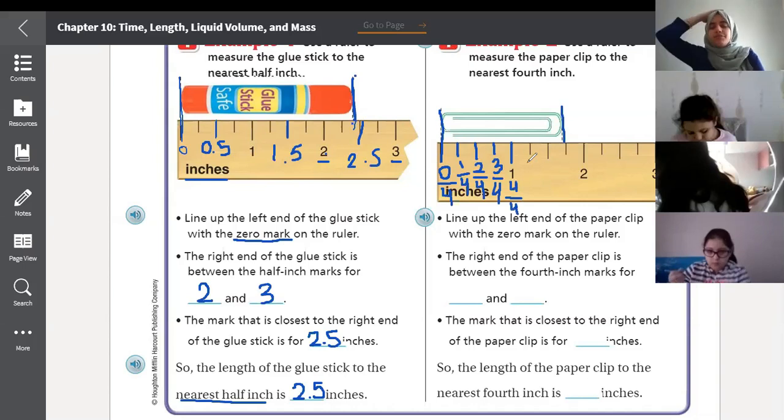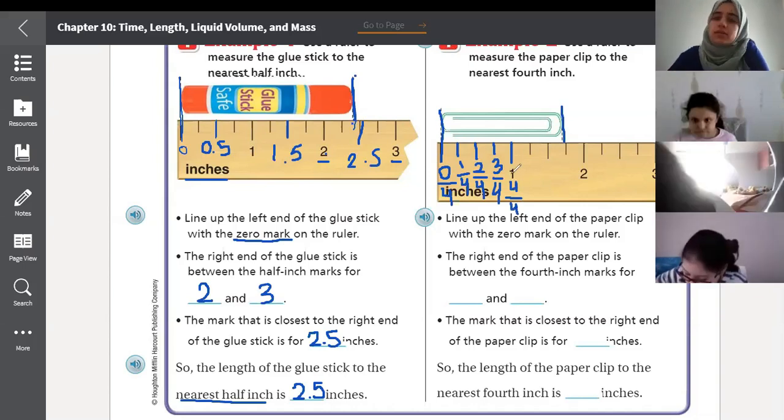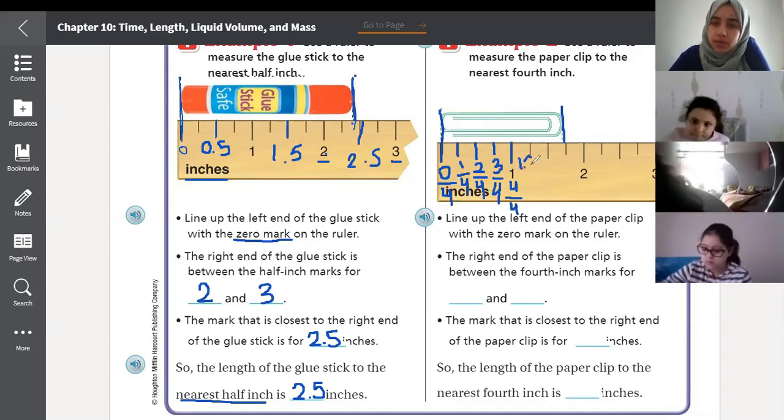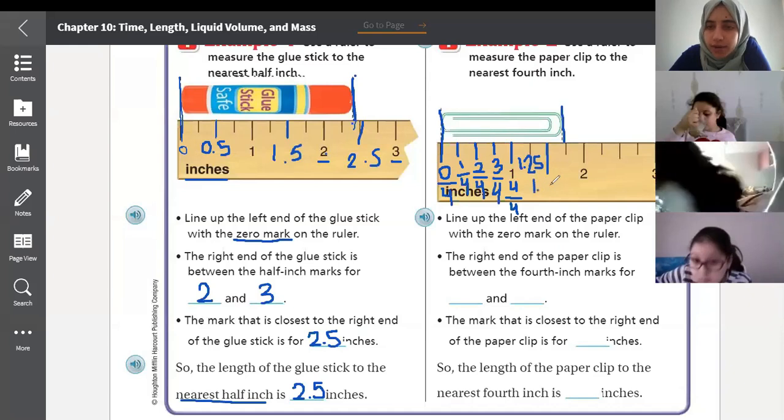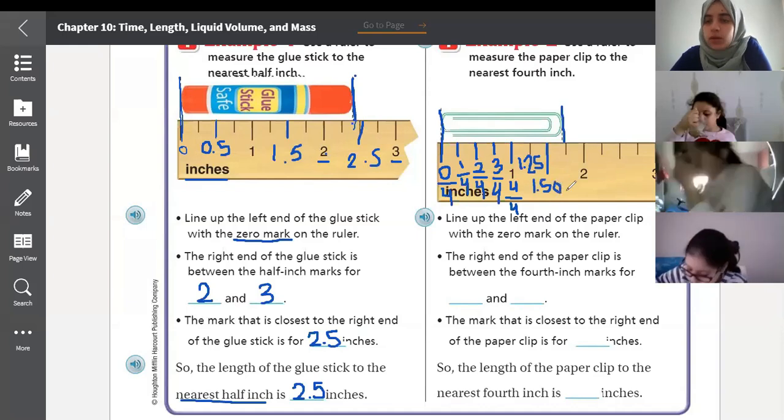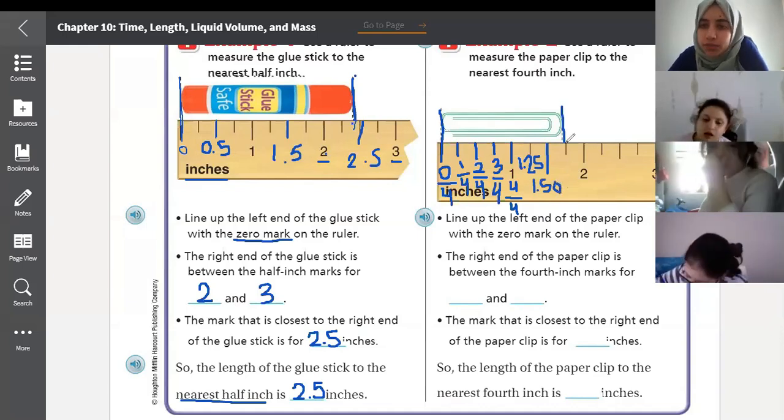A different way to write this is that the next one is 1.25, because 25 is the same as a quarter. I have to add 25 each time. So 25 plus 25 is 50, which is another way of saying 1.5 or 1.50.